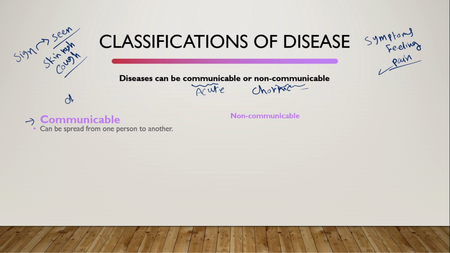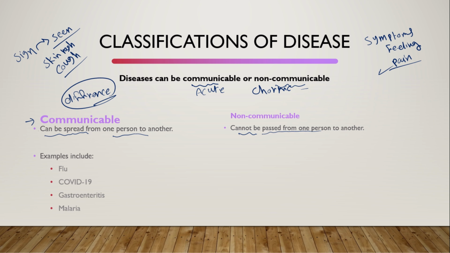What is the difference between communicable disease and non-communicable disease? Communicable disease can be spread from one person to another. But non-communicable disease is the opposite, it cannot be passed from one person to another.